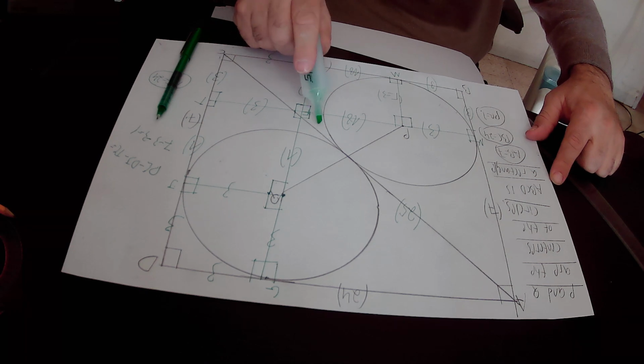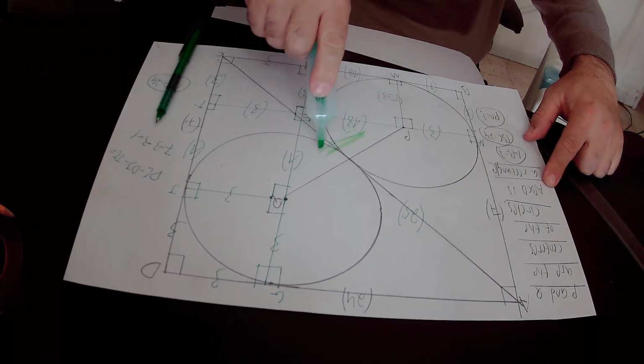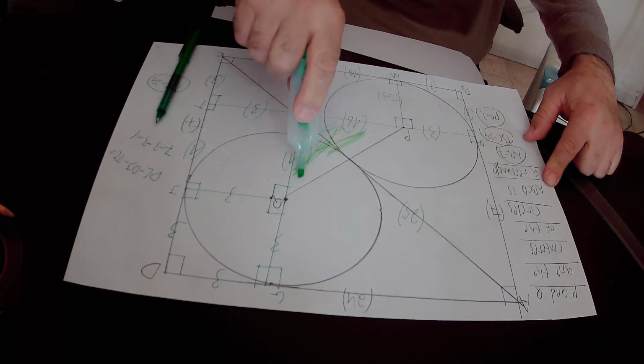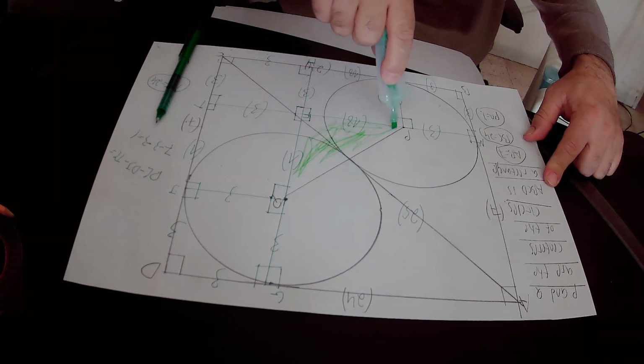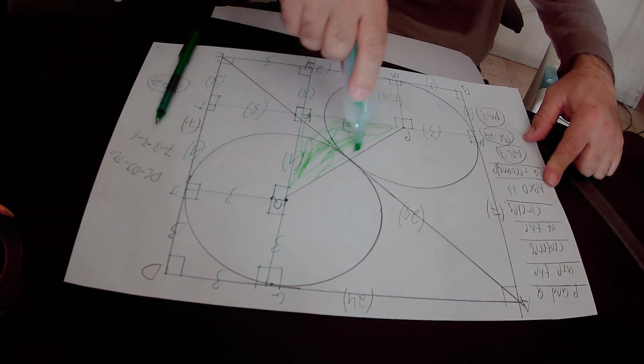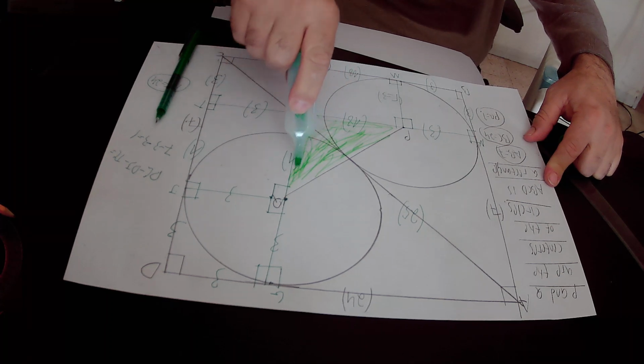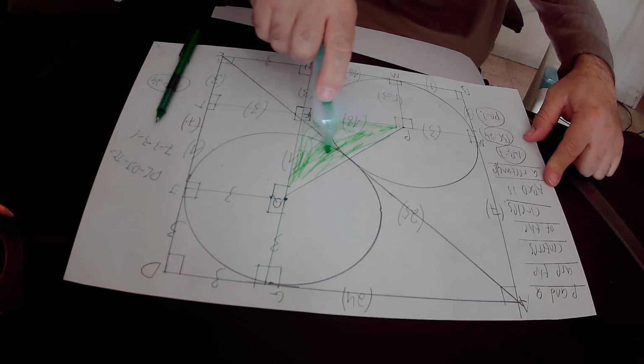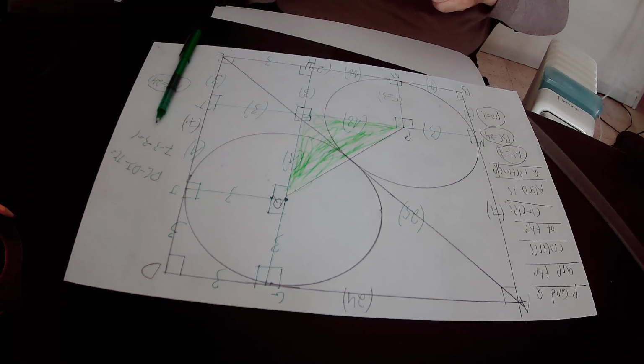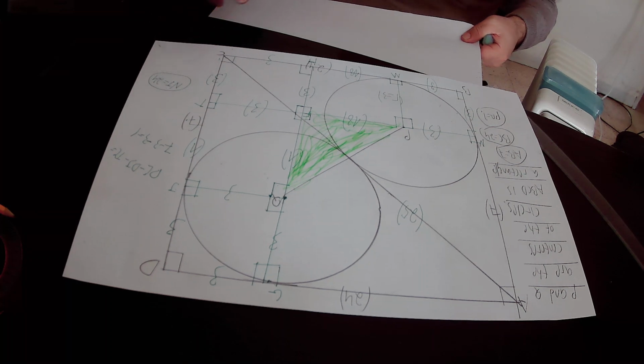This angle equals 90 degrees. In the next step, we'll implement the Pythagoras theorem in the right green triangle, triangle PFQ. So I'll copy the right green triangle PFQ onto a new page, and we'll implement on it the Pythagoras theorem.